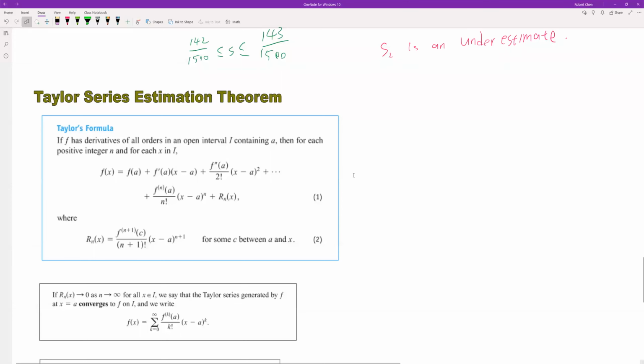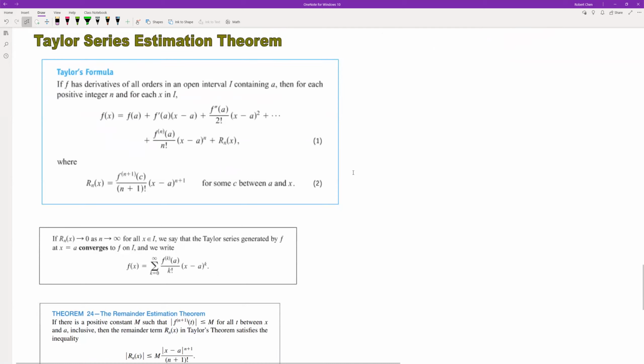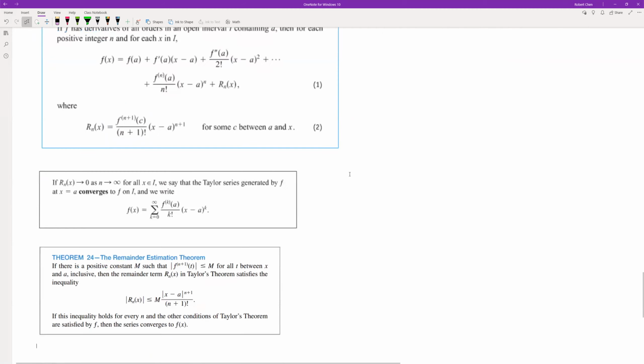Now in 10.9, when we look at Taylor series, we also have the Taylor estimation theorem. It basically walks you through a similar idea using Taylor's formula and the Taylor series theorem. We have this Taylor estimation theorem, or remainder estimation theorem.